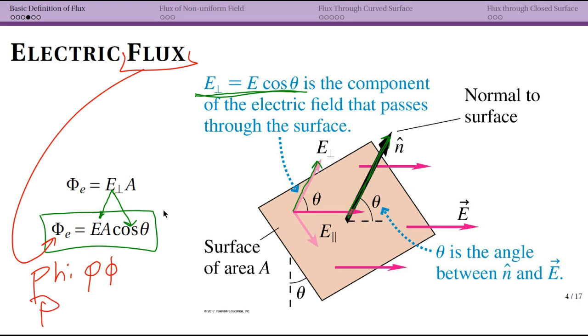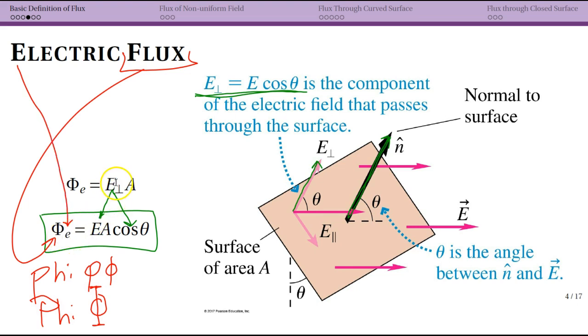This is capital phi, and to make it distinct by hand, you might draw the little top and bottom bits. This is electric flux. Sub E just means electric, and the reason we would write that is because later we're going to have magnetic flux. So it's helpful to be in the habit of writing E so that you know you're talking about electric flux, since later that can be different.